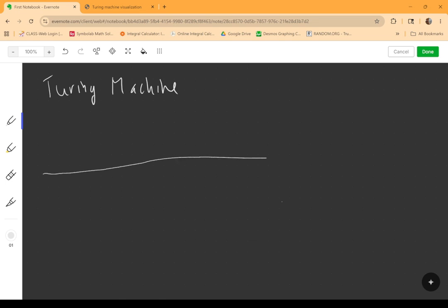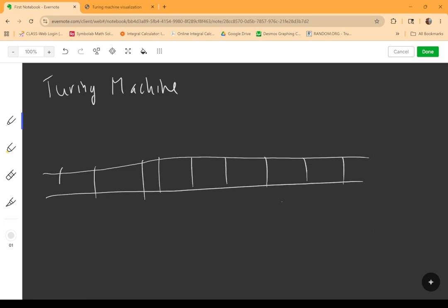So you can think abstractly of this tape that's divided into cells, extending in both directions. Here we can think of an arrow pointing to a particular cell.